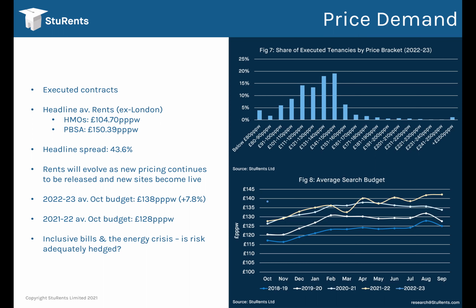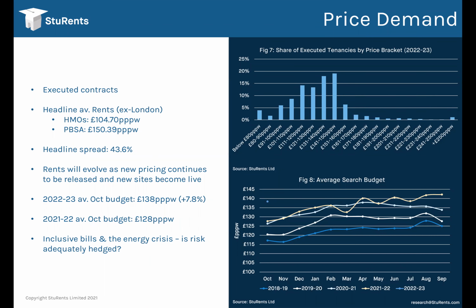What we could also compare this to is the average budgets that are being set on the platform, and that's reflected in figure 8. And what we can see is that historically we are seeing pretty strong year-on-year growth in budgets that are being set when students are house hunting. Obviously, the last couple of years have been impacted by COVID, so that growth has been less positive, albeit still positive.